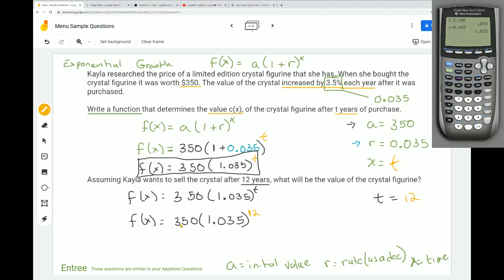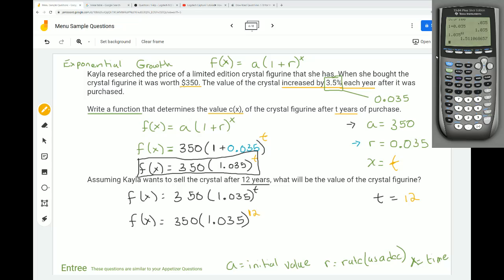So even though we see 350 times 1.035, we have to remember that we do parentheses, then exponents. There's nothing we could do inside the parentheses, but exponents is the next thing. So we do 1.035 to the, remember, to do an exponent on a calculator, use the little caret key, to the 12th power.